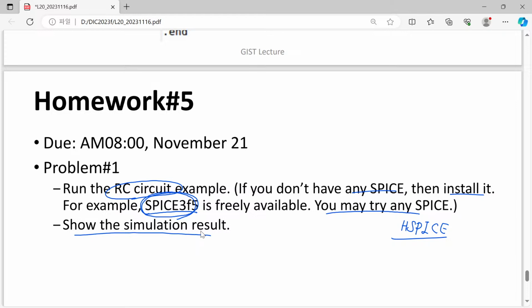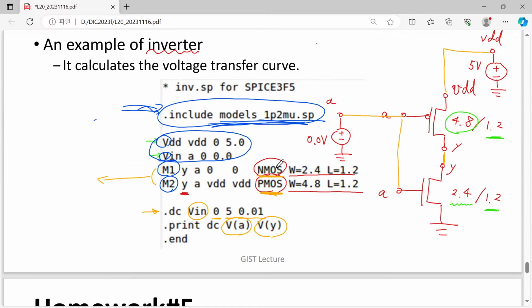Okay, this is the end of today's lecture, and in the next lecture we will talk in more detail about what is inside the technology file. Although there are many different files, the de facto standard of this model is the so-called BSIM model.